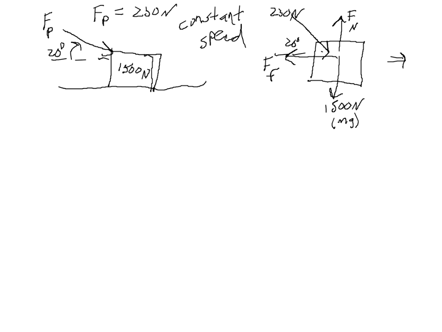Now, after you have drawn your free body diagram, you need to pick a coordinate system and resolve all of the vectors, all of the different forces, into their x and y components. So we'll pick horizontal to be the positive x direction to the right, and up to be the positive y direction.